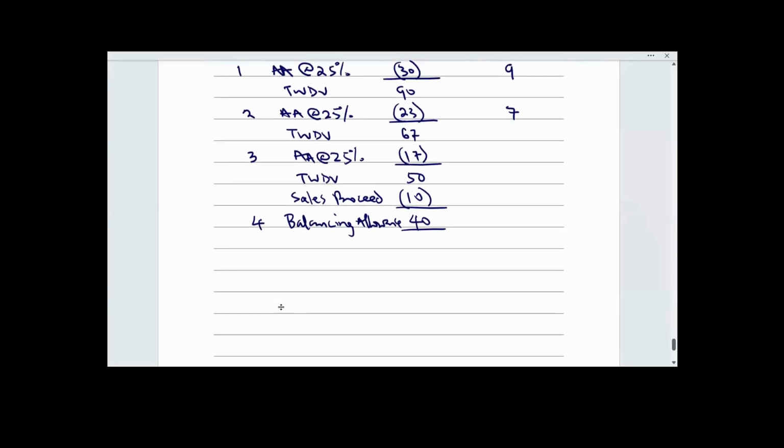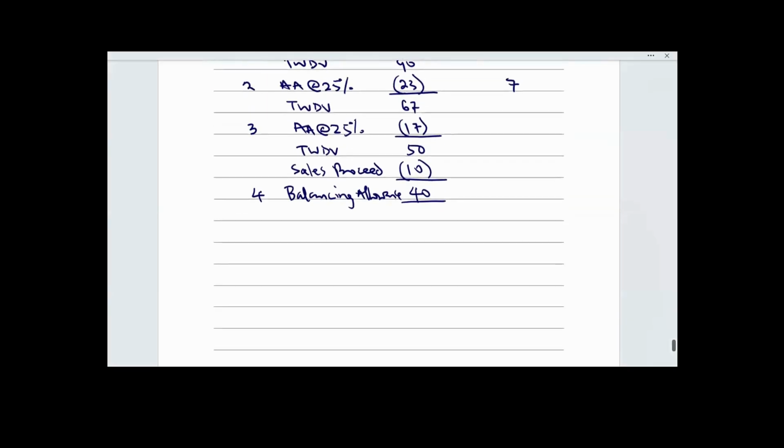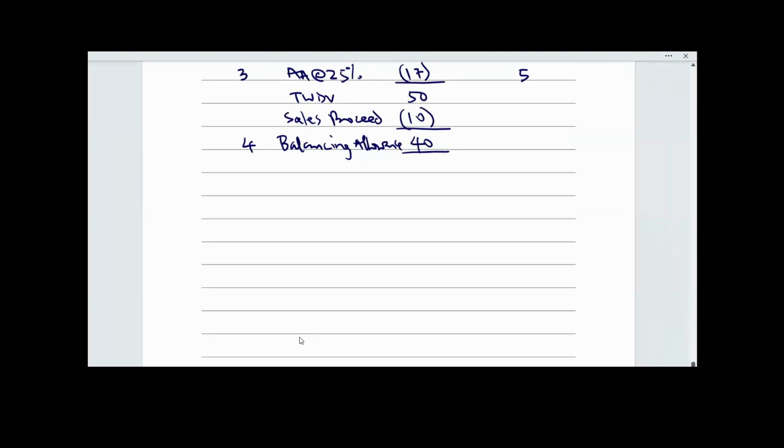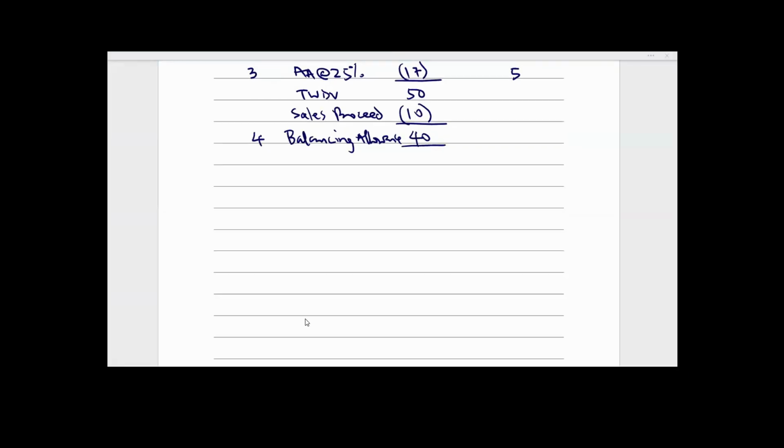Year 3, tax saved. Capital allowance is 17 multiplied by 30% tax rate. That's 5.1. Here will be 5. Then the last one, balancing allowance of 40 multiplied by 0.3, 30%. That's 12.